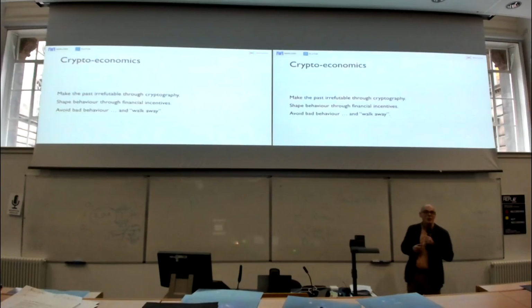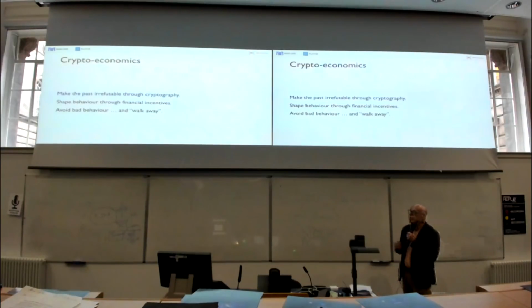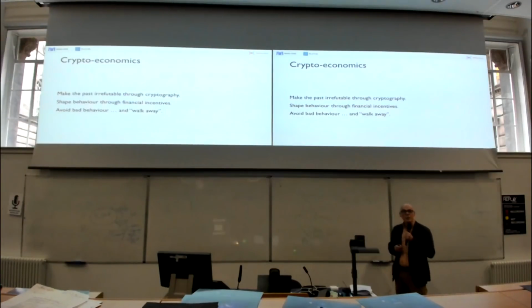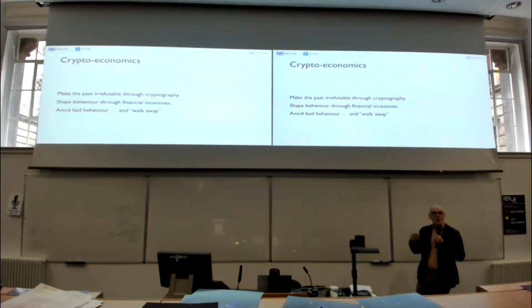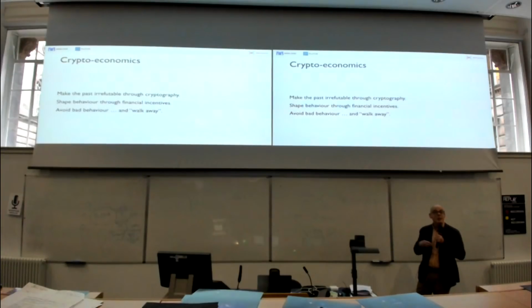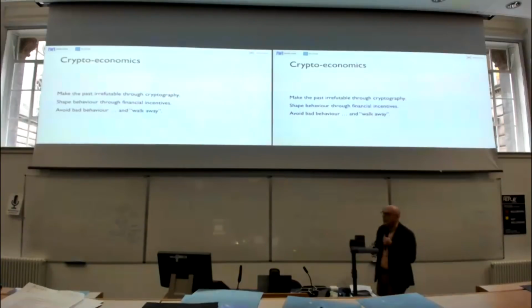You need to get cryptography to make the past irrefutable. One of the key features of distributed ledger technology is that the ledger can't be changed. It's there forever. So the past is protected by cryptography, and then you use financial incentives to shape people's behavior in the future. So it's that combination which makes it a fascinating area to work in.